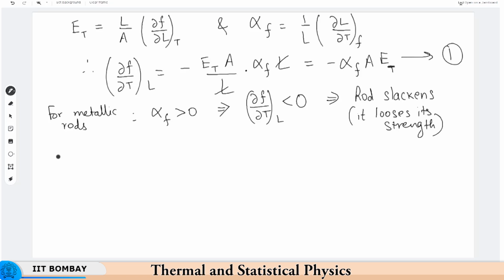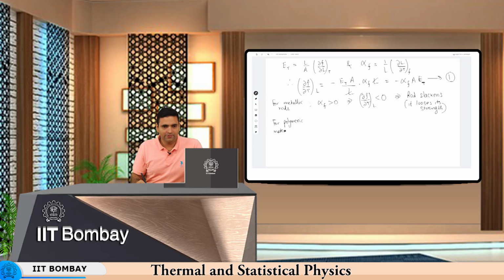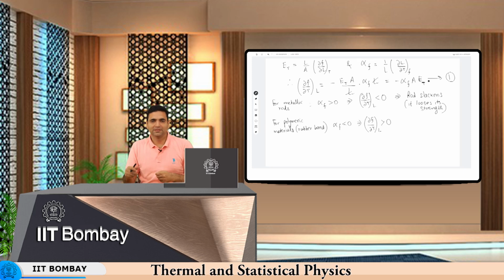But again, for the other case, for polymeric materials, I will explain what I mean by polymeric materials. But remember, the example that I have in mind is a rubber band. So alpha_f is negative, and if alpha_f is negative, then your del F by del T becomes positive. Remember, E_T can never be negative, Young's modulus can never be negative, you always need some force to stretch something.